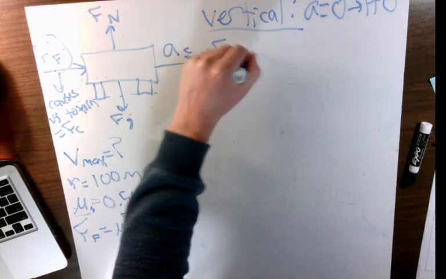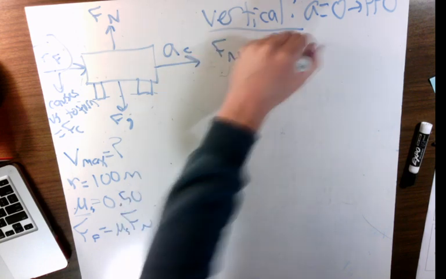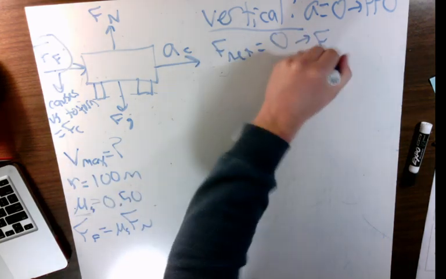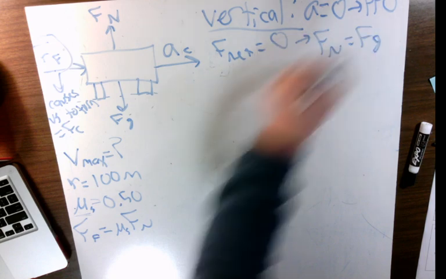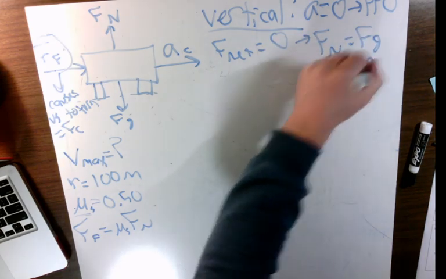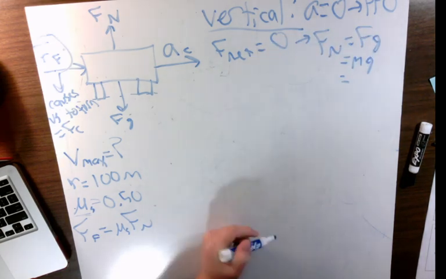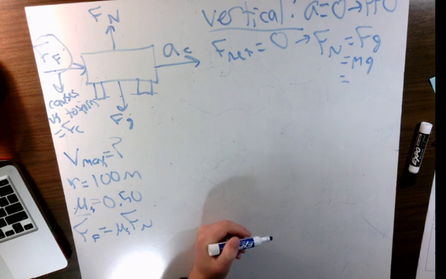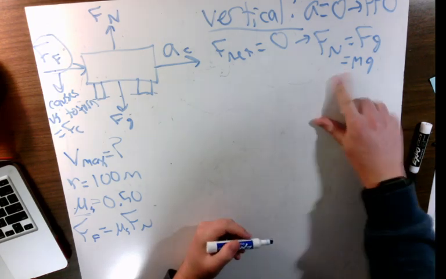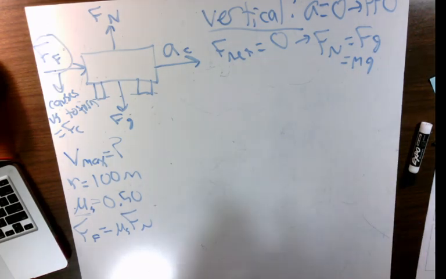The net force is 0, or our normal force is equal to the force of gravity, mass times gravity. They don't give us the mass of the car. Interesting. We're going to keep it as a variable and throw it into this equation.